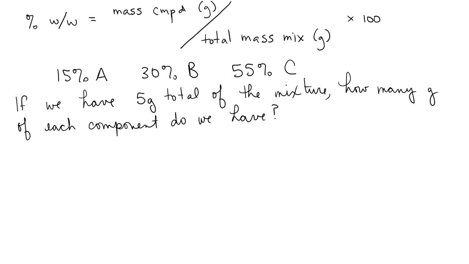Because it's me, and you should know this by now, we're going to use these percentages as conversion factors. I'm going to do A in this blue color. 15% A means that there's 15 grams of A in every 100 grams of the mixture.